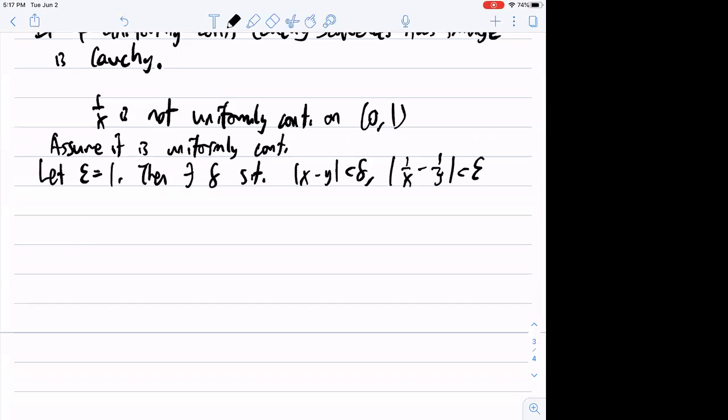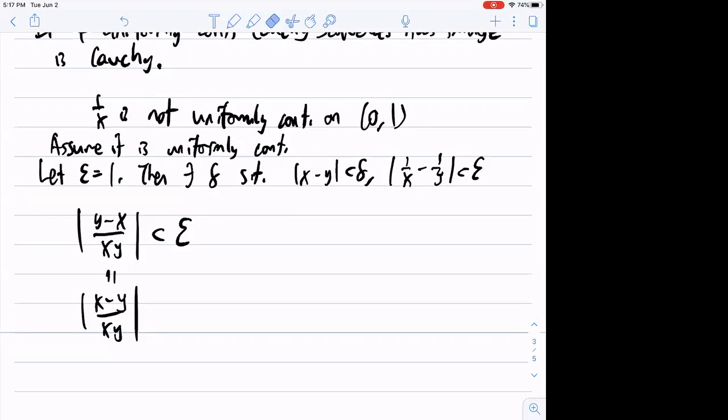So from here you get |y - x| over xy is less than epsilon if you combine denominators, right? And y minus x is just x minus y, because we have absolute value.